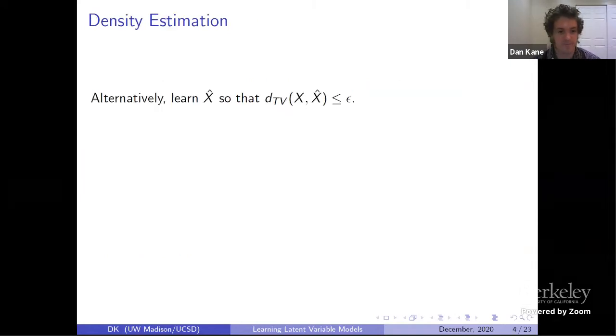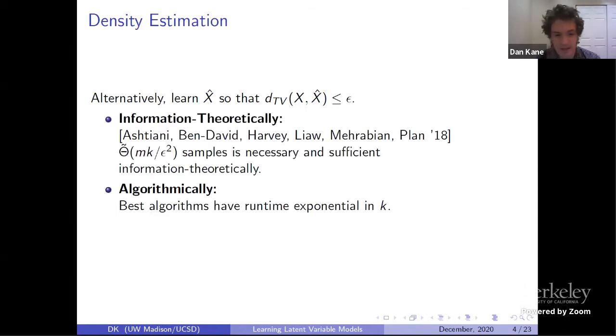So the other thing that we might try to do that works more generally is density estimation. Here, the goal is just to learn some distribution x hat such that the total variation distance between x and x hat is at most epsilon. And as is often the case, this is at least possible information theoretically.